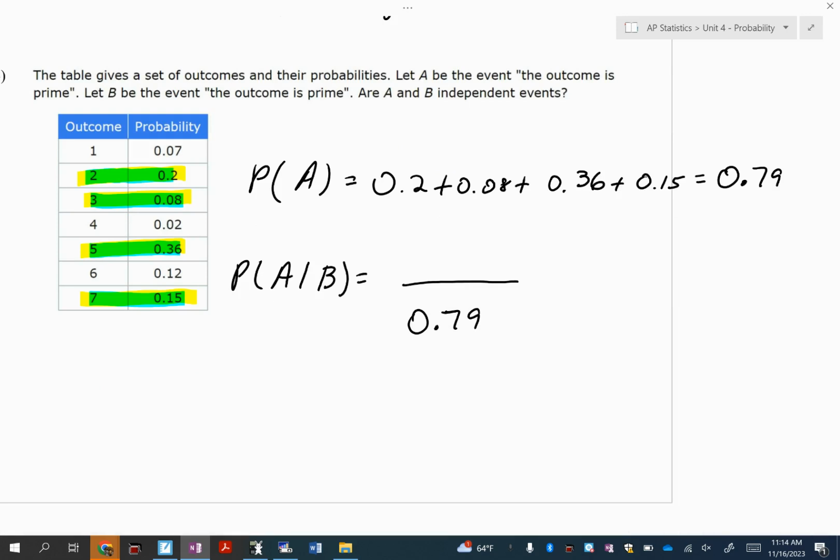So what's the probability of A and B? It's 100%. Sorry, it should be all of them added together. So this is 0.79. And when you divide those, you get 100%. So our probability changed, so they are not independent.